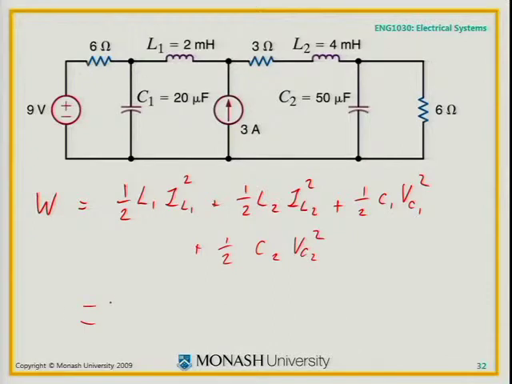All of these components storing energy. Plug in your values for IL1, IL2, etc., and the inductor and capacitor values, and you should get 13.46 millijoules sitting there stored in that circuit.